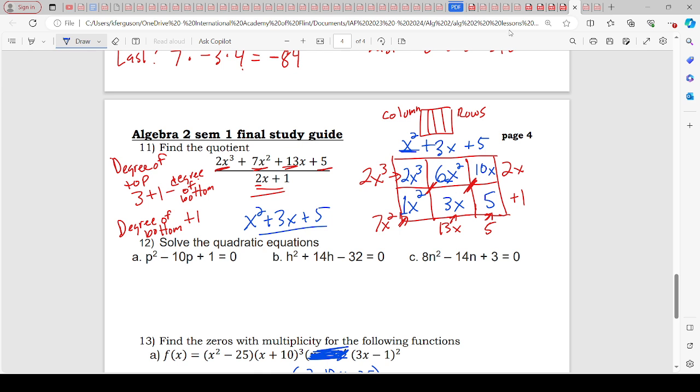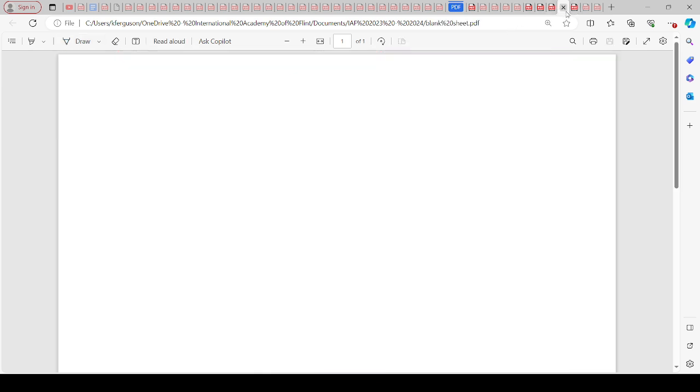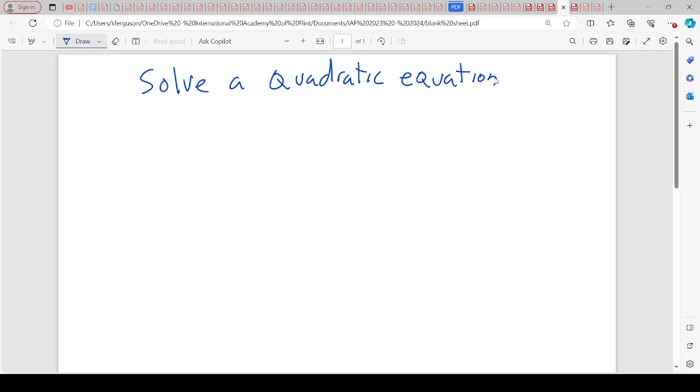All right. So I'm going to move over here and talk about a couple things. We want to solve a quadratic equation. We talked about several methods for solving a quadratic equation. The first one was just factoring. The second was the AC method, which is just factoring with a little extra.